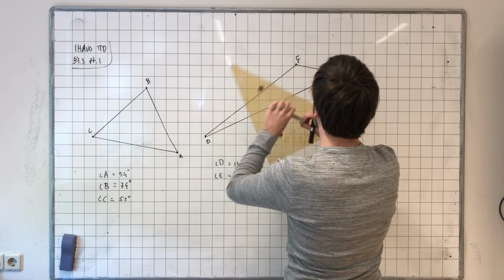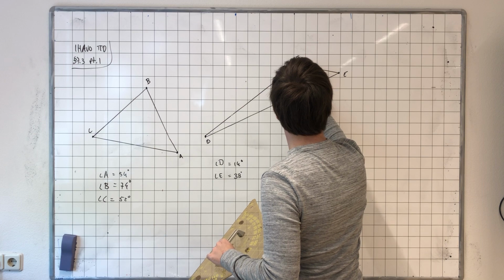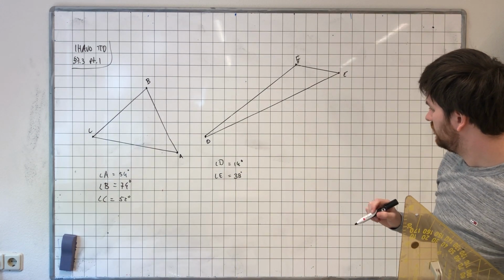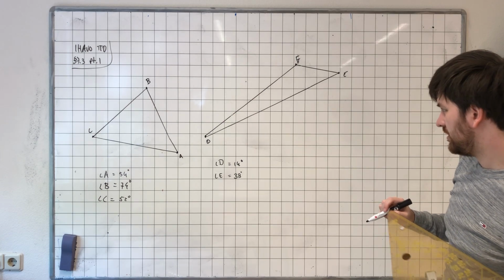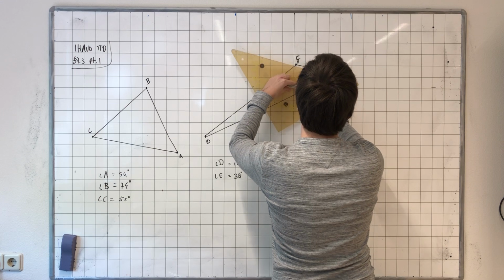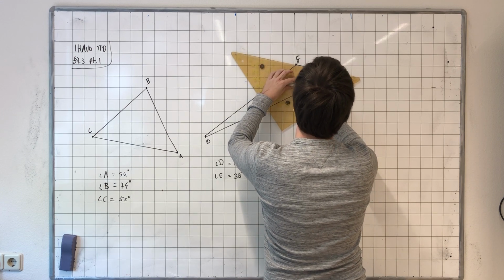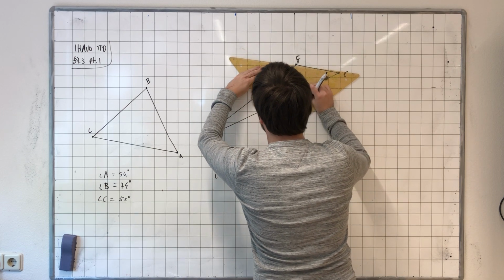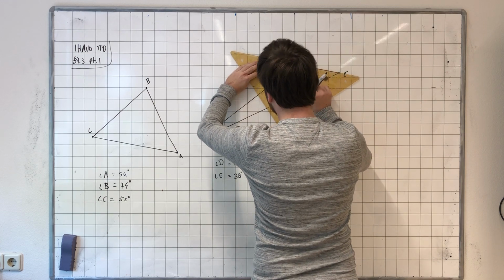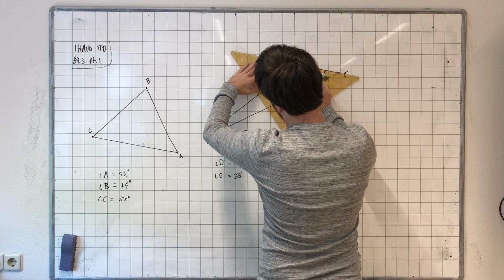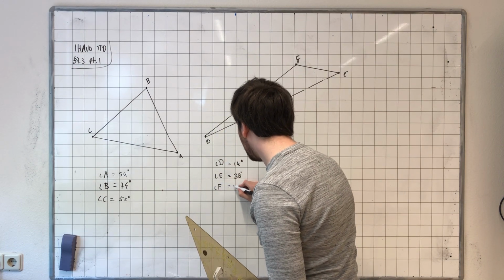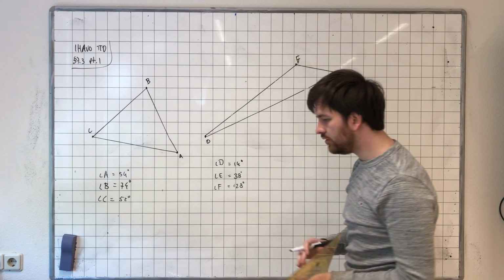Then angle F, maybe we can already guess. My guess will be 128. Maybe that's somewhat cheating because I already know that it should be 128. Let's see. As you can see, 128.